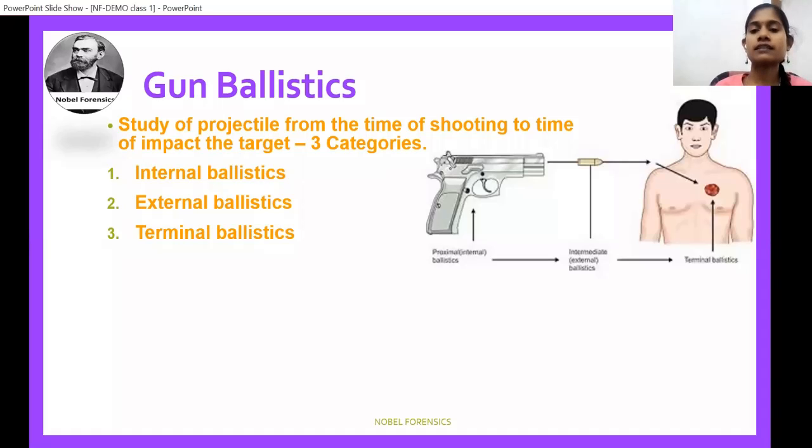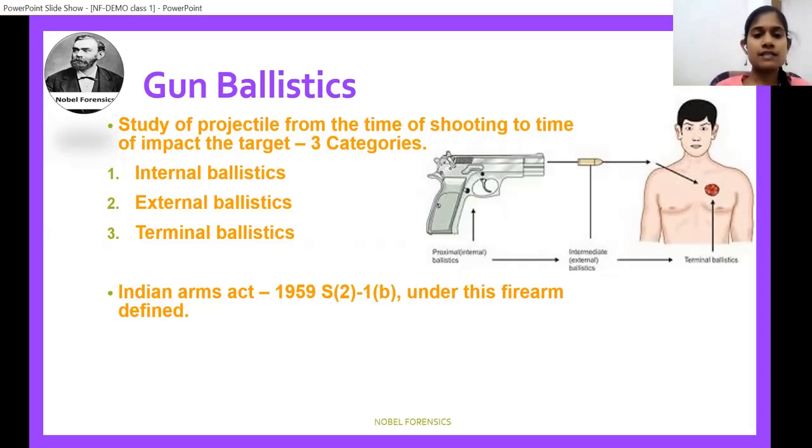When the target is tissue or any person, that is wound ballistics. Any other object, that is transitional ballistics. These are the three categories in gun ballistics: internal, external, and terminal. And in the syllabus they added just the basics of internal, external, and terminal ballistics.